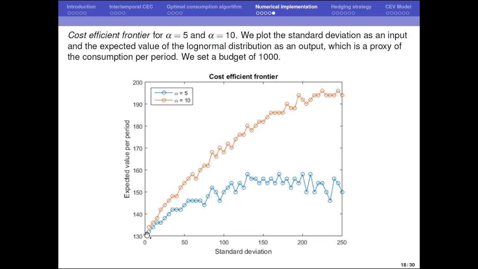And obviously it's increasing if I increase the risk. And I could show the case alpha equal to 15, but in that case it is a straight line. For very big values of the standard deviation, it starts to get horizontal. So I chose these values of alpha so you can see the shape.